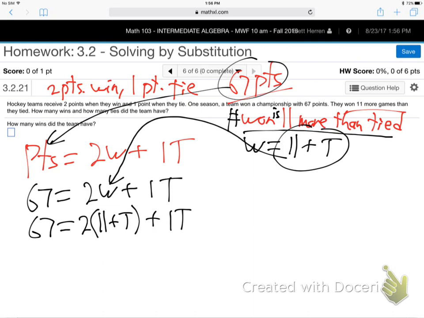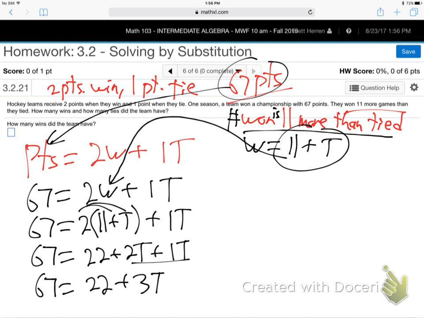And then you can take it from there, right? Just distribute and solve for T. When you get T, go ahead and plug back in to find W also. 67 equals, distribute, 22 plus 2T plus 1T, plus 3T.